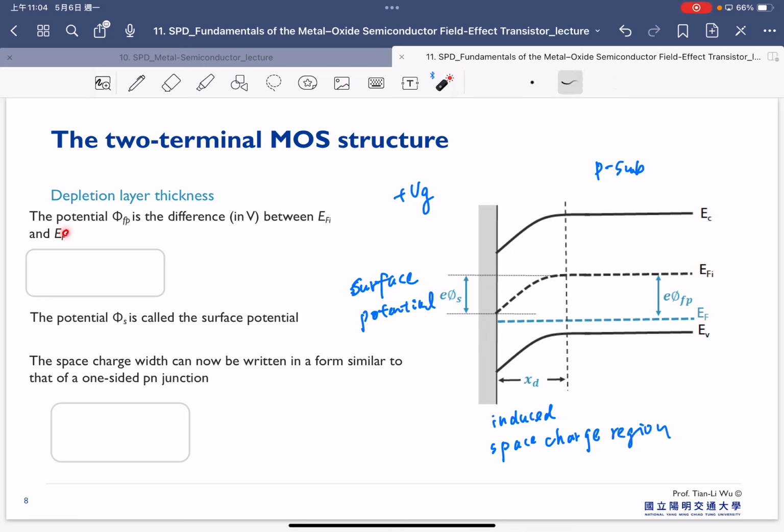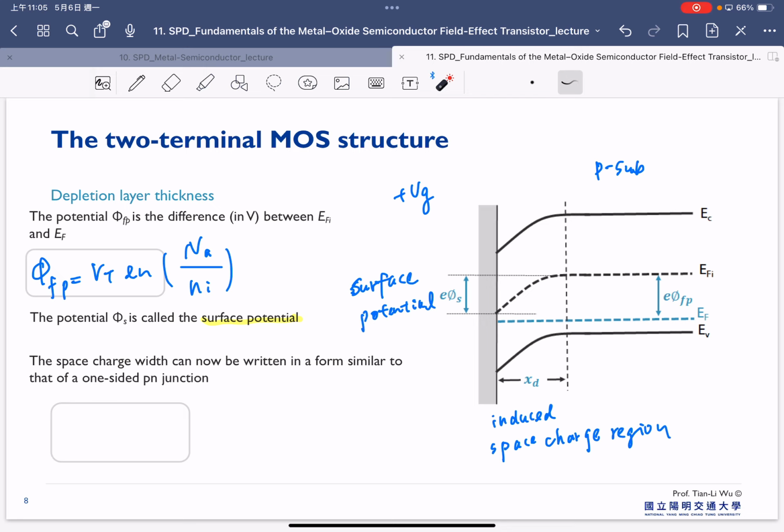The potential phi fp here is the difference between EFi and EF, and therefore we can calculate phi fp equal to this: Vt natural log of the doping in the p-type, which is Na over Ni. And phi s here is called the surface potential.